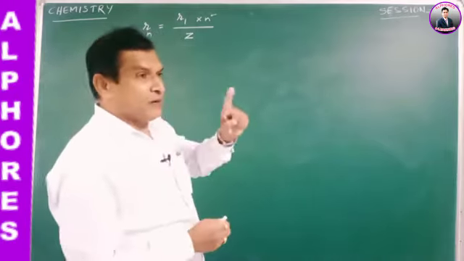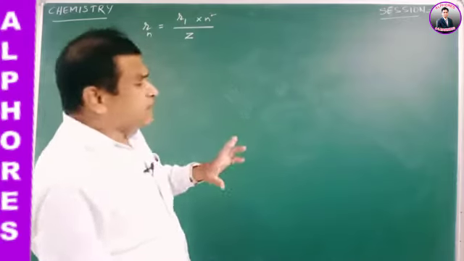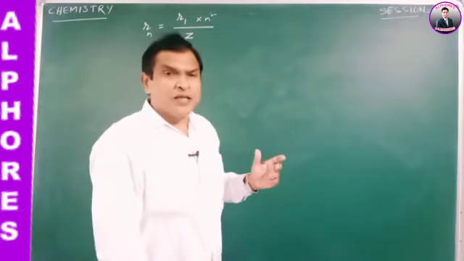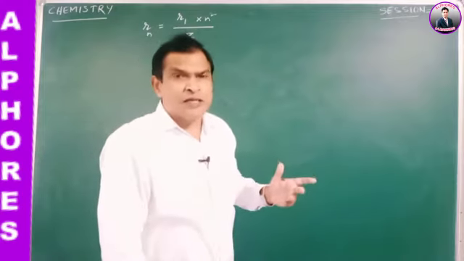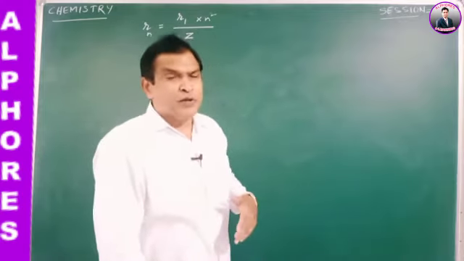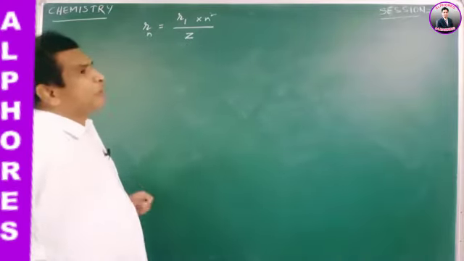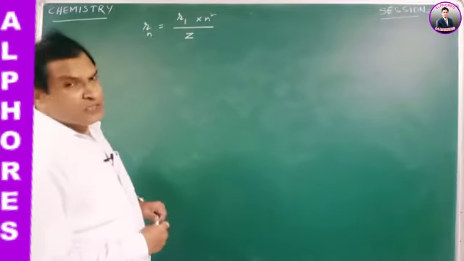That should be remembered. Because the species may be an atom or an ion, whatever it is, if the species contains more than one electron, Bohr's theory will not take the responsibility to explain the spectrum of that species. Okay, right. Now coming to the hydrogen spectra.